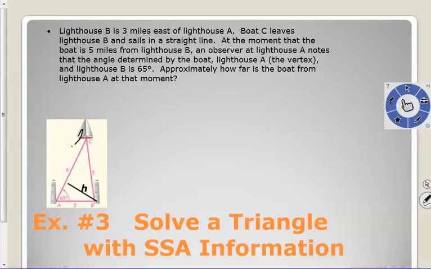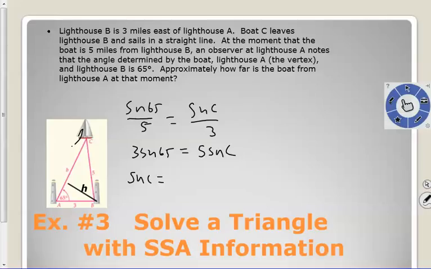So we have the sine of 65 over 5 is equal to the sine of C over 3. We cross multiply, and we get 3 sine 65 equals 5 sine C. We divide, so sine C is equal to 3 sine 65 over 5, right?